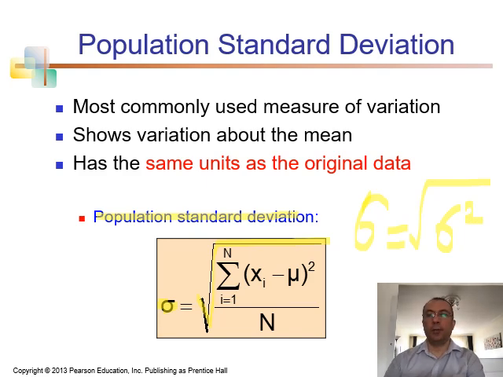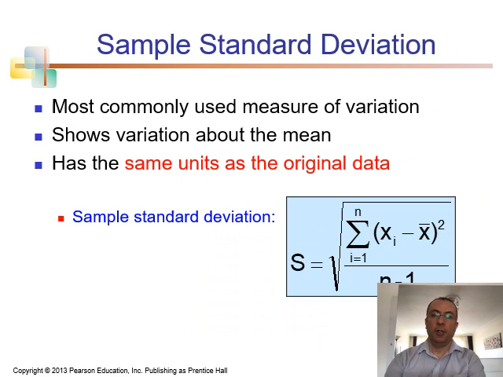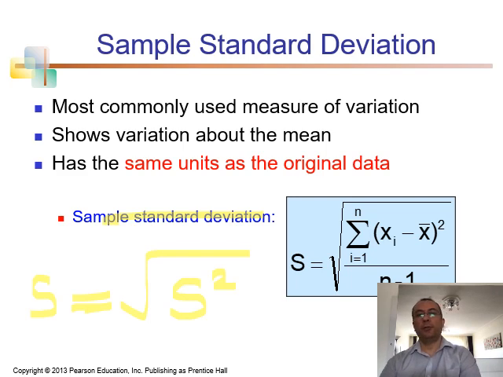And the formula is the same for the sample standard deviation. First you find the sample variance, which is s squared, and you take the square root. That will give you the sample standard deviation.